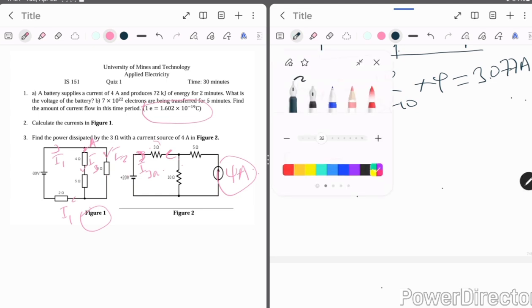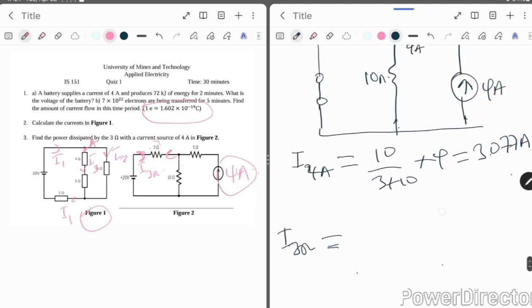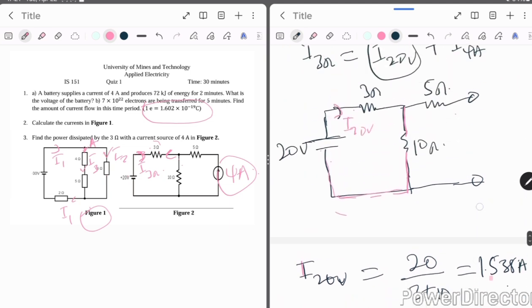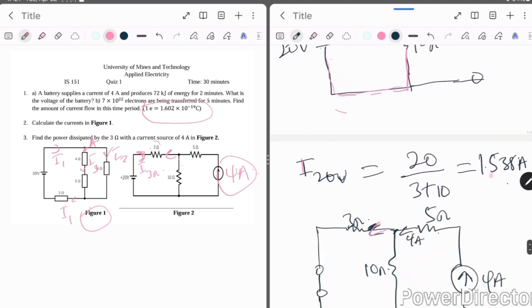So the positive direction is this current here.